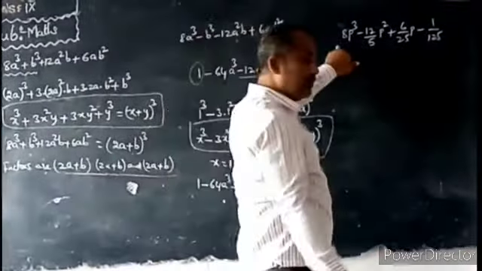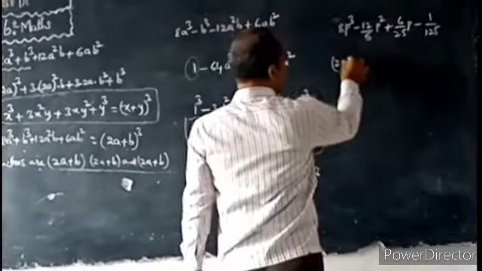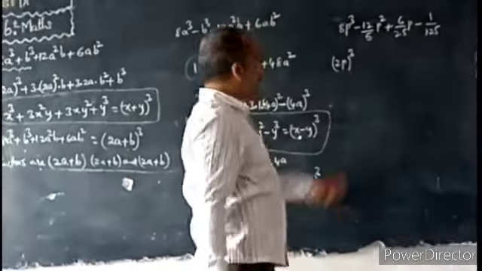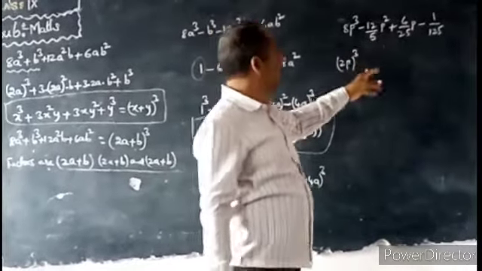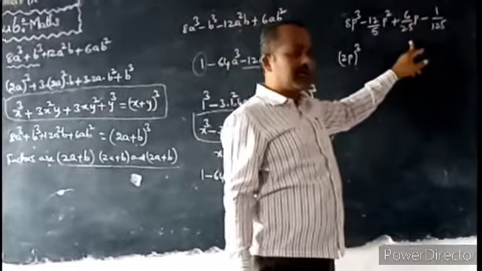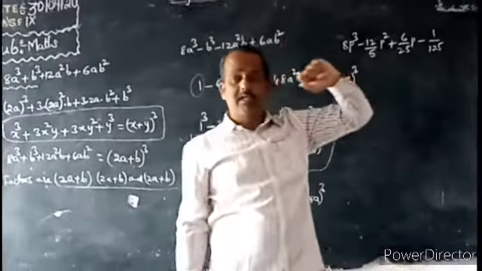Now 8b cube can be written as 2b whole cube. Here 12 by 5 cannot be written as any number's cube, and 6 by 25 is also not the cube of any number. But 1 by 125 is 1 by 5 whole cube.